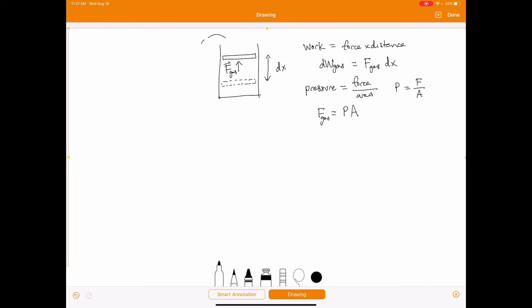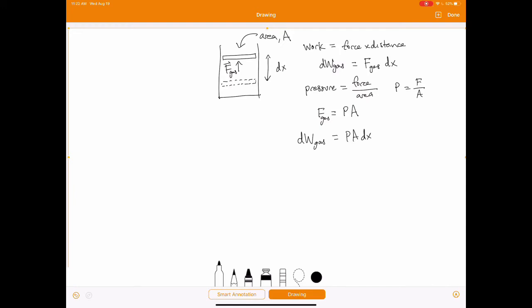So in other words, the piston has some sort of area, and we'll call that A. All right, so therefore, the work done by the gas in this tiny little movement of the piston is the force, which is pressure times area times dx.